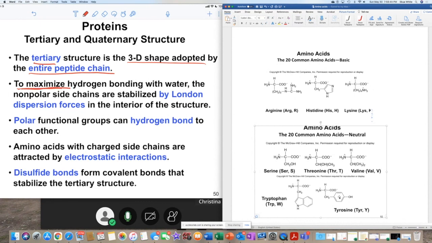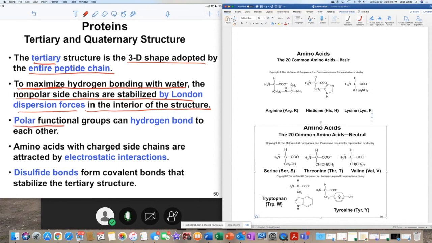We're told here that to maximize hydrogen bonding with water, the nonpolar side chains are stabilized by London dispersion forces in the interior of the structure. So when you take this protein and put it in the water, the protein rearranges itself to maximize the hydrogen bonding. But in doing so, it keeps the nonpolar sides of the chain away from the water. Remember, the molecules have that behavior to protect the nonpolar side. They push it kind of away.